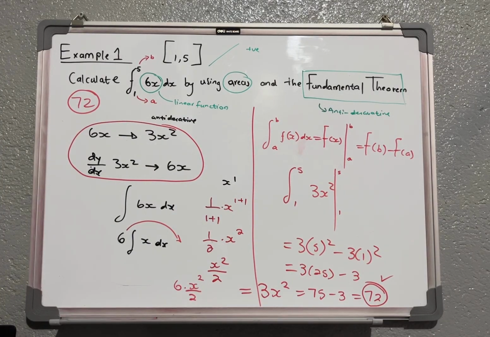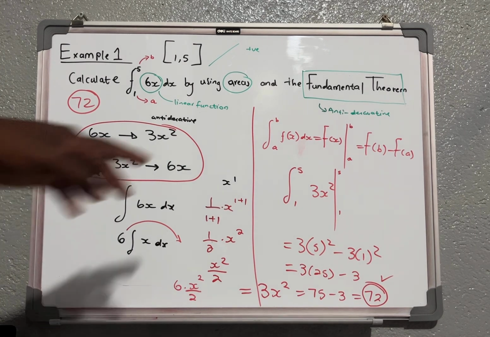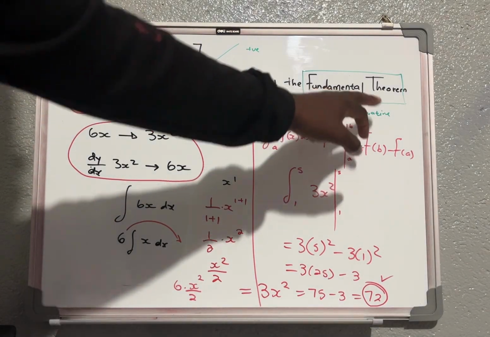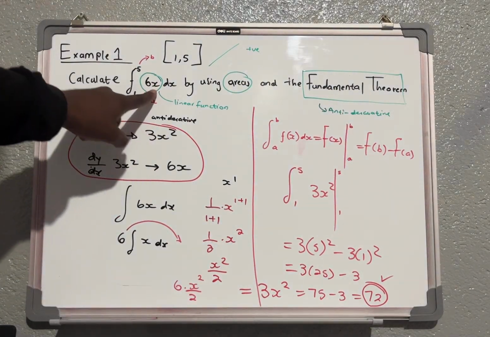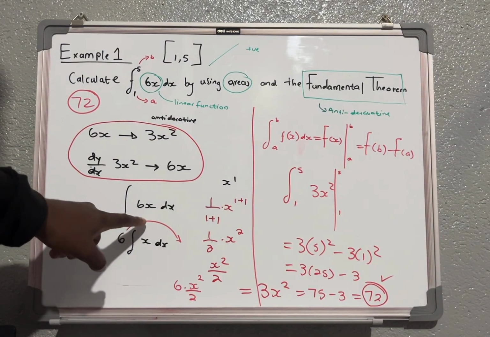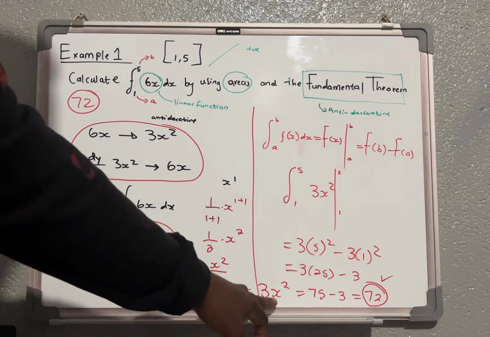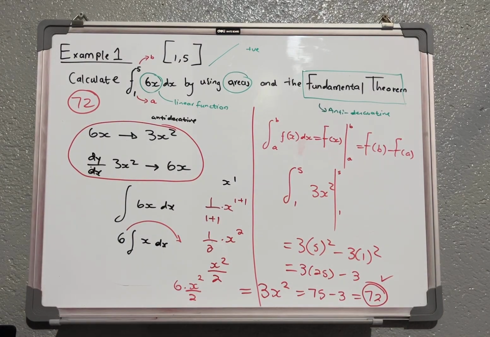They would rather ask you one at a time. So if they say you use areas, use a Cartesian plane. If they tell you to do the fundamental theorem, you will take your 6x like this, then work it out with your power rule to get your 3x squared.